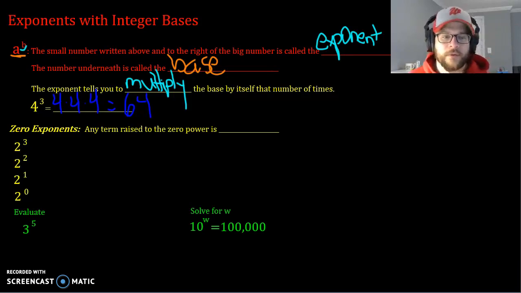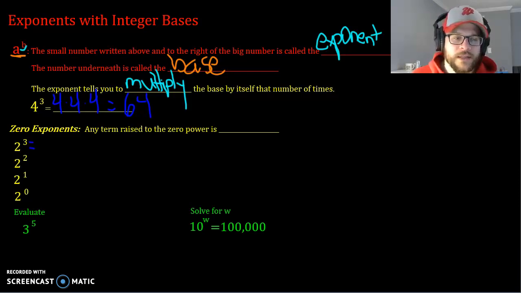Now, zero exponents interact with the base a little bit differently. I'm going to go ahead and leave this blank for now, and we're just going to investigate this pattern that's going to happen when you decrease your exponents until you get to 0. So for example, 2 to the third power, 2 times 2 times 2.